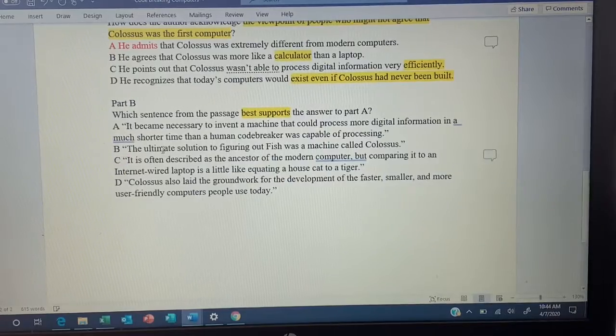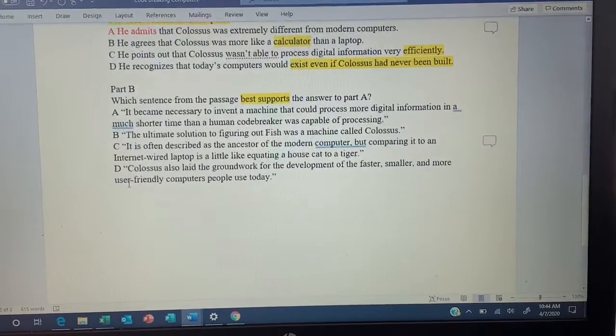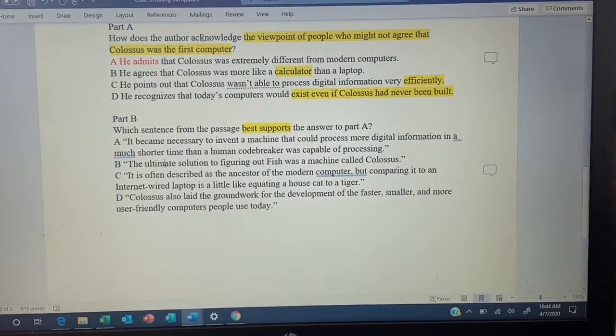D says Colossus also laid the groundwork for the development of the faster, smaller, and more user-friendly computers people use today. So this is an important quote because it's showing that Colossus was the prototype, but this is not the moment where he stops and recognizes anybody's viewpoint that might say Colossus is not the same as a modern computer.